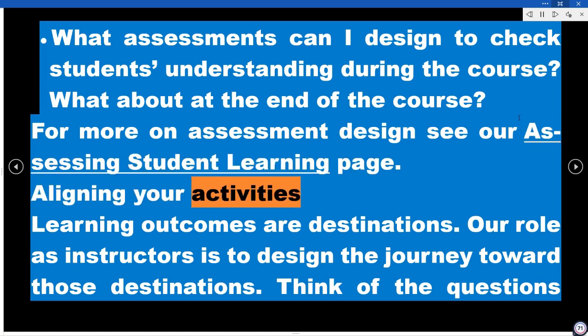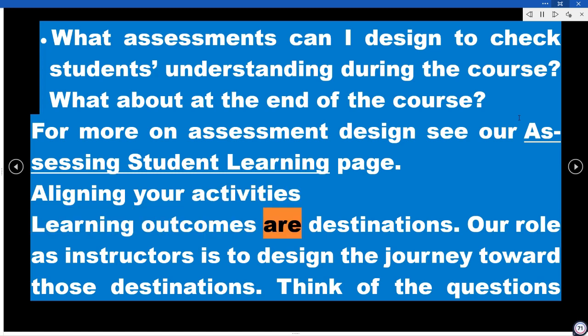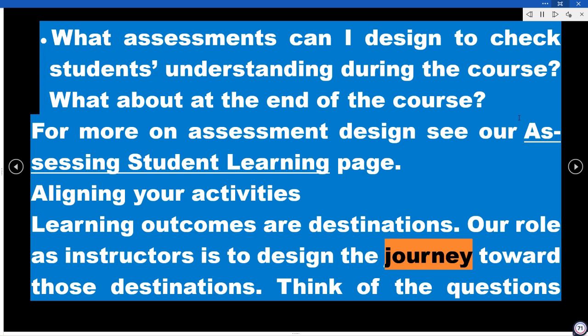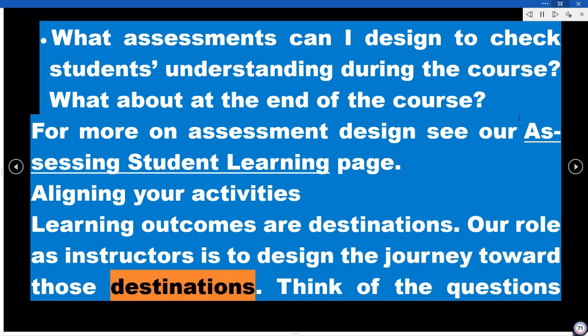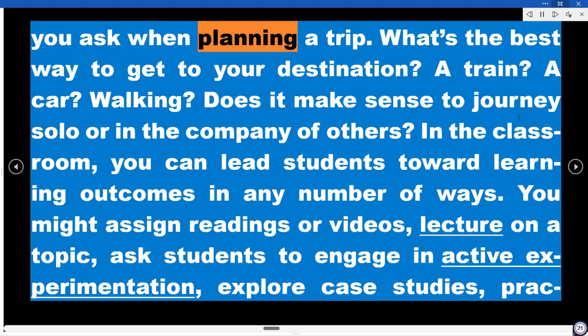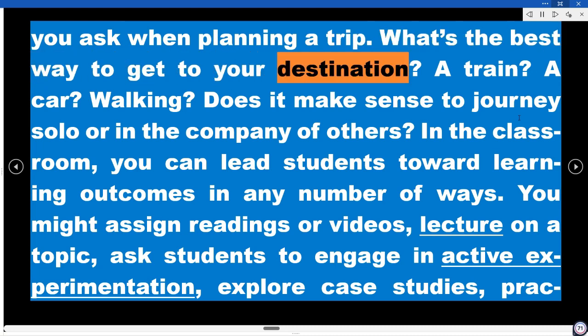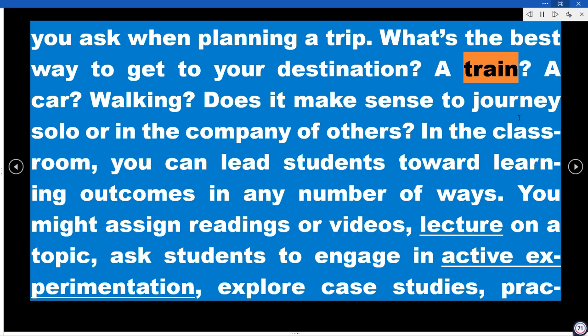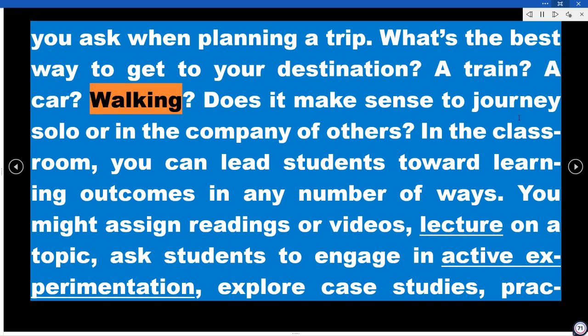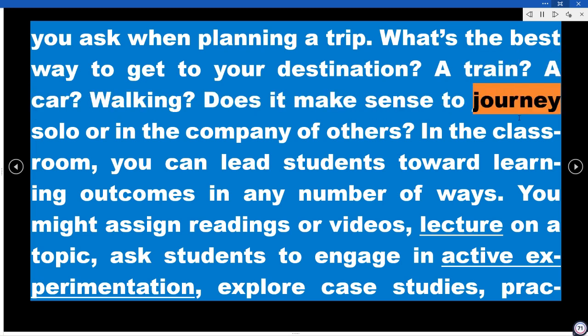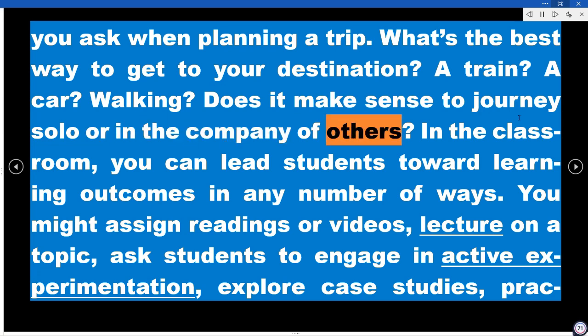Aligning your activities. Learning outcomes are destinations. Our role as instructors is to design the journey toward those destinations. Think of the questions you ask when planning a trip. What's the best way to get to your destination? A train? A car? Walking? Does it make sense to journey solo or in the company of others?